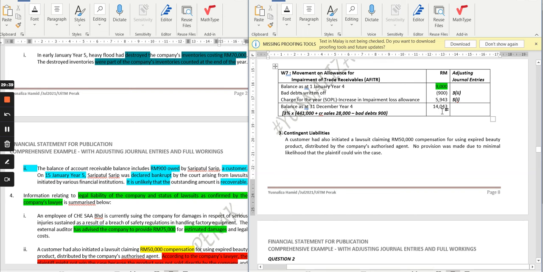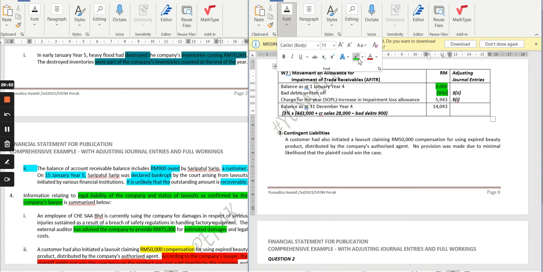So you need to find out the amount here. 3% of that amount is 14,043, and the difference between these two items, which is 9,000 minus 900, sorry, 8,100.